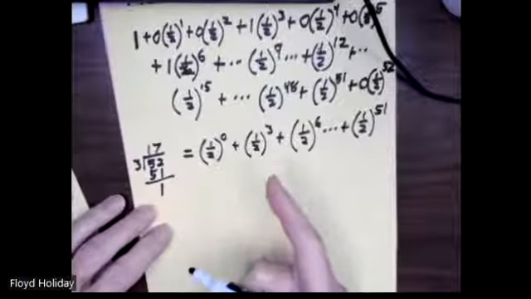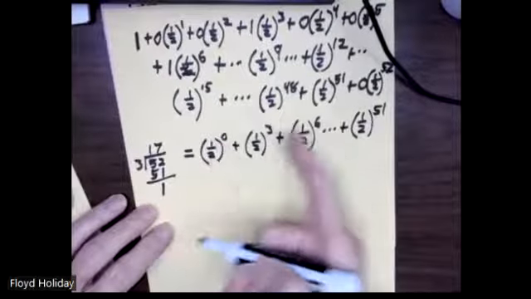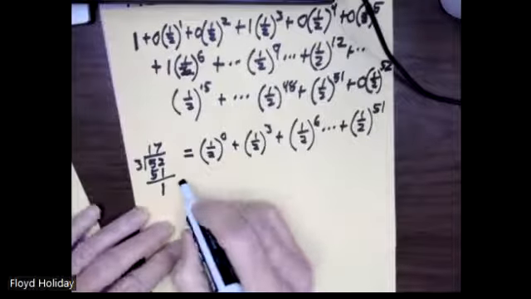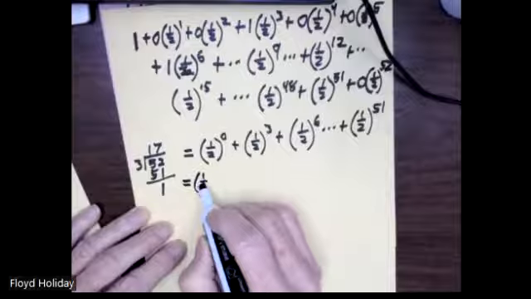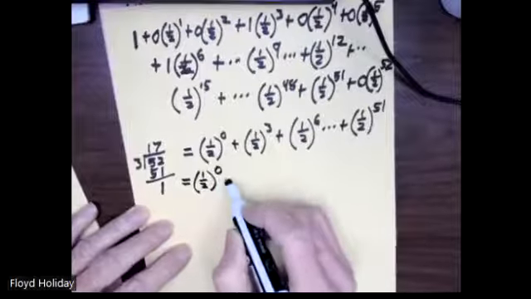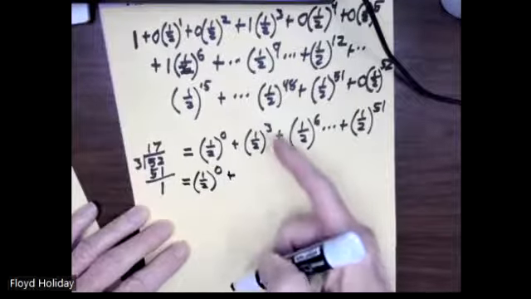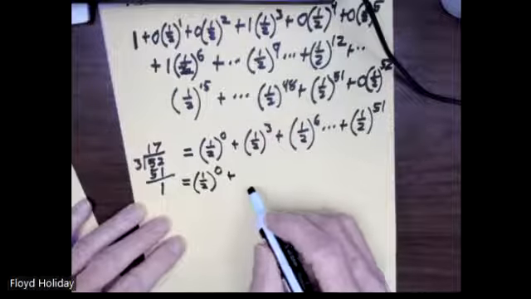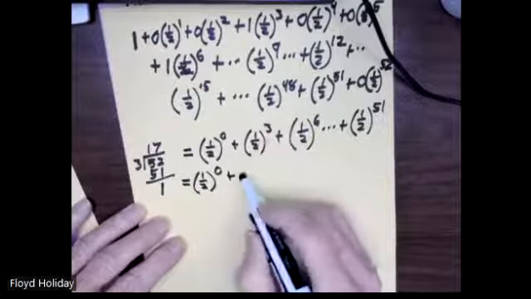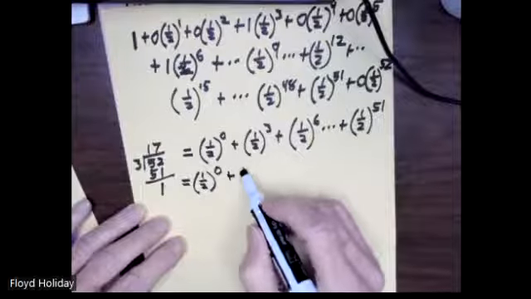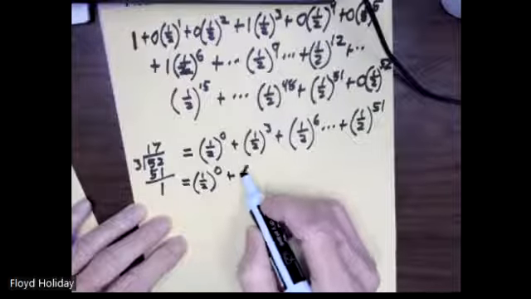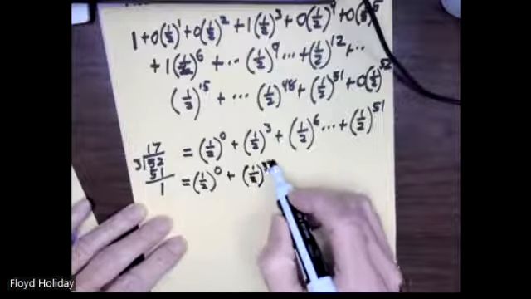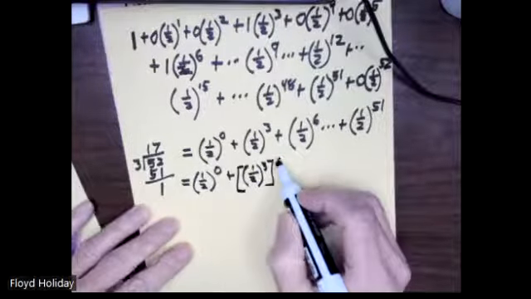Now, the formula doesn't let you jump by 3s. It says you must jump by 1s. So we can fix that. That's 1/2 to the 0. Now, inside, I want to make it 1/8. How can I show you? This is 1/2 to the 3 raised to 1.